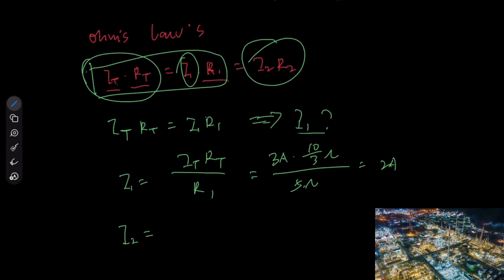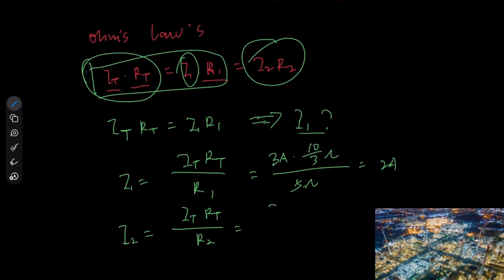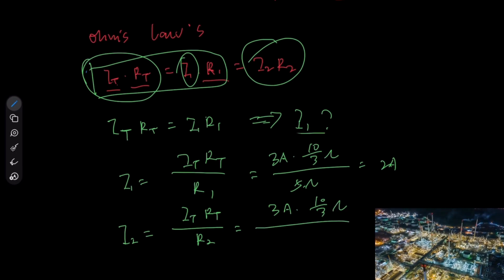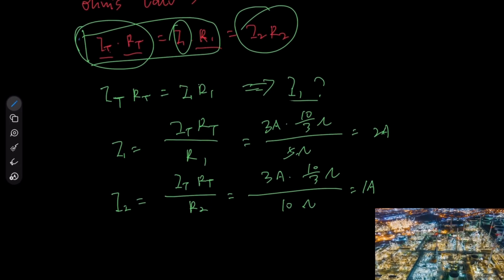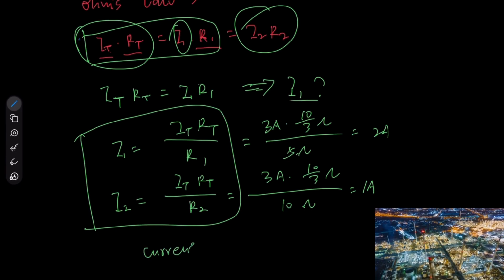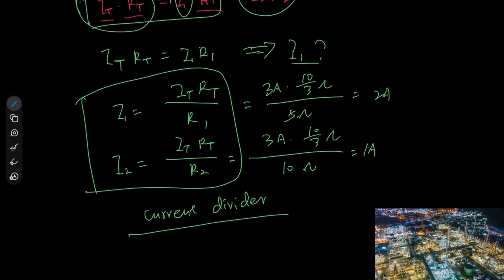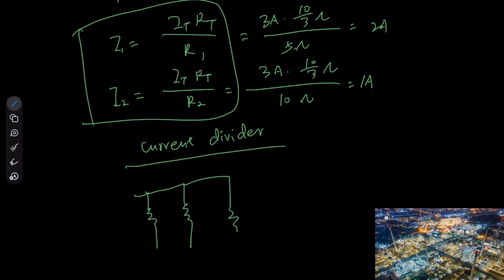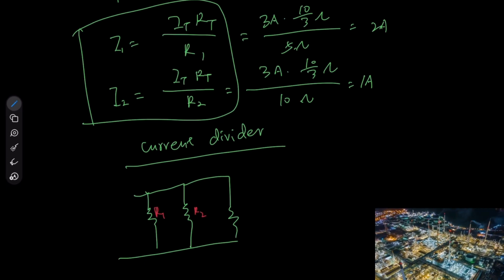I2, same thing, it will be IT RT divided by R2. So that will give us 3 amps times 10 over 3 ohms divided by 10 ohms. That will give us 1 amp. So basically this is the formula for the current divider. If we have more resistors, let's say 3 resistors, we can just use R1, R2, R3.